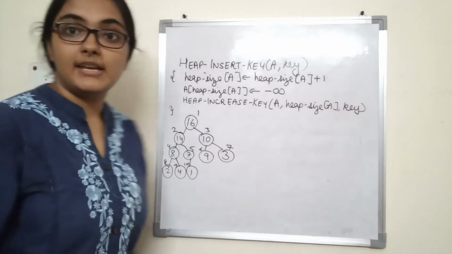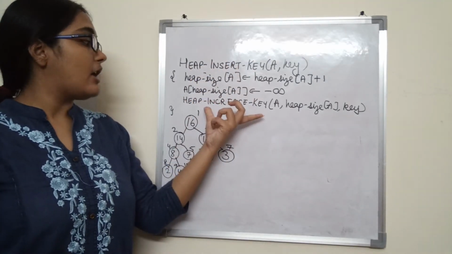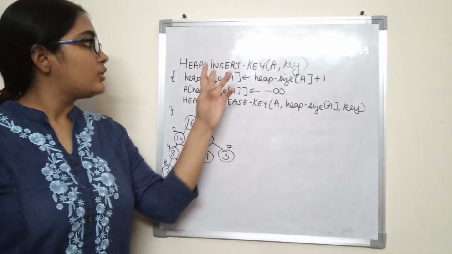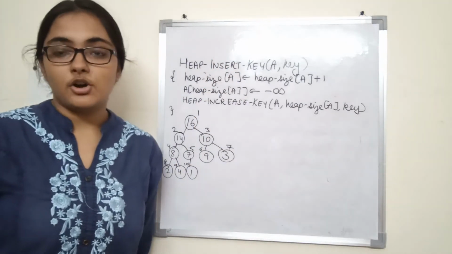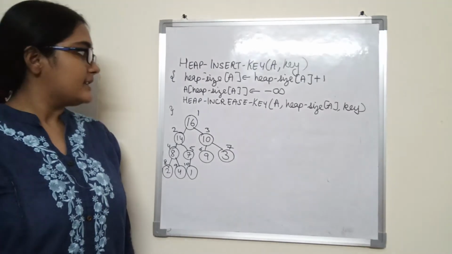Alright, so let us see how we make use of the heap insert, or how we make use of the heap increase key procedure, in order to insert a new element in the max heap, right?